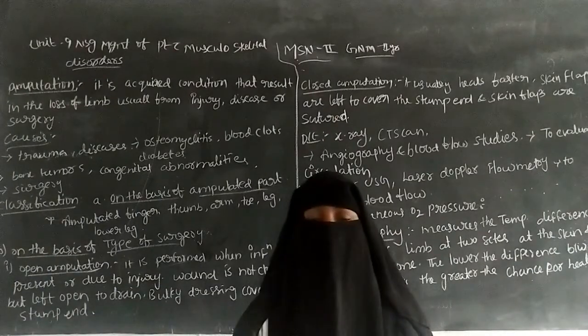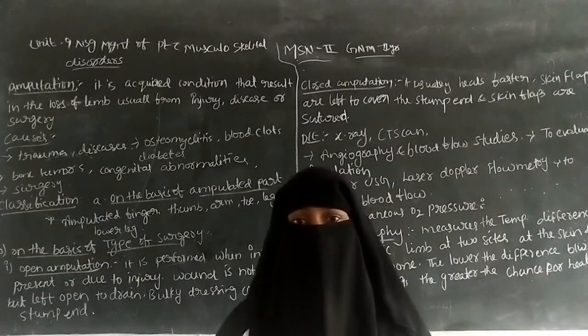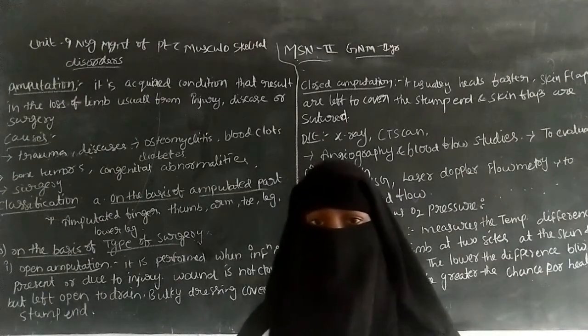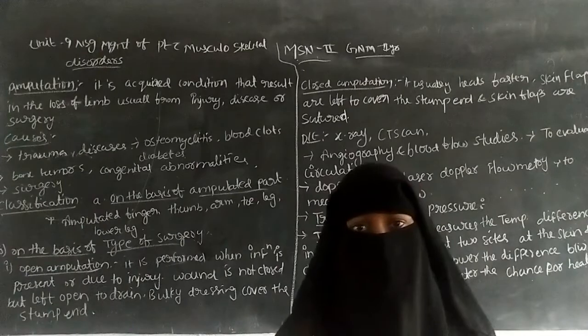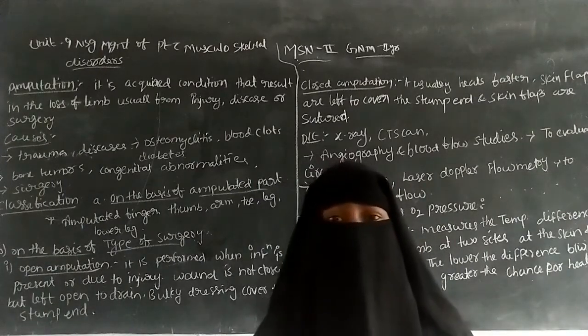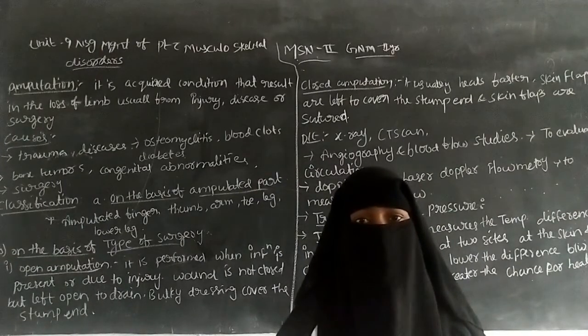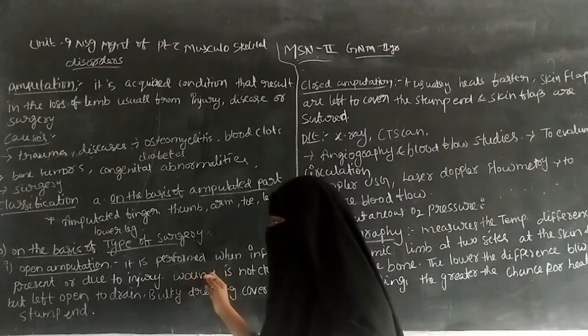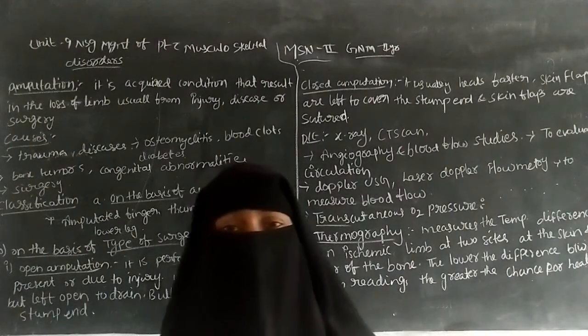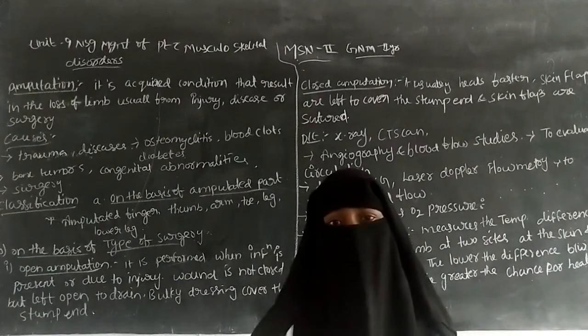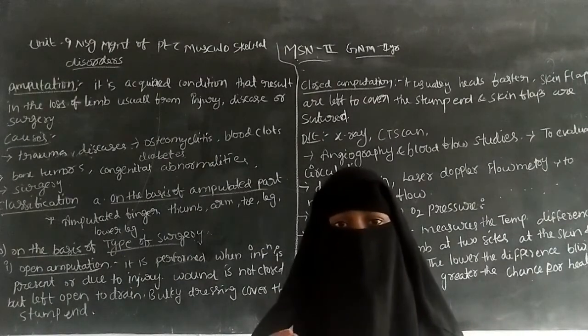In open amputation, the wound is left open. The tissues and the bone can be visible, and drainage is done to remove the pus and any infected material from the wound.